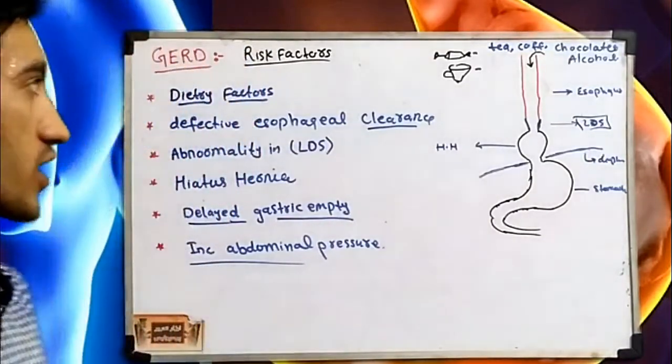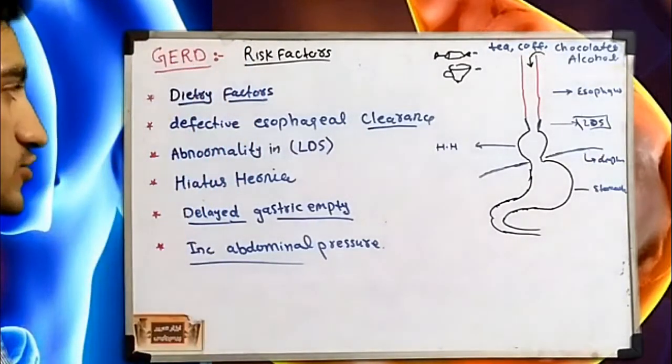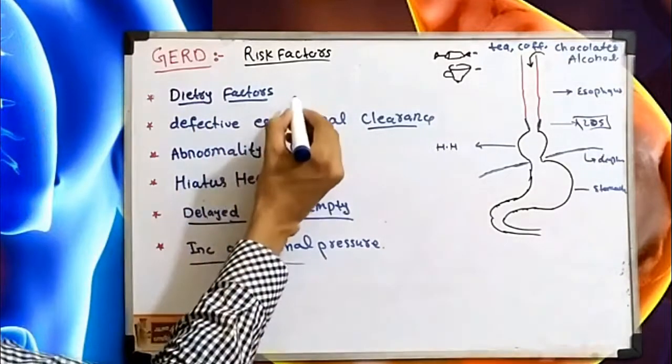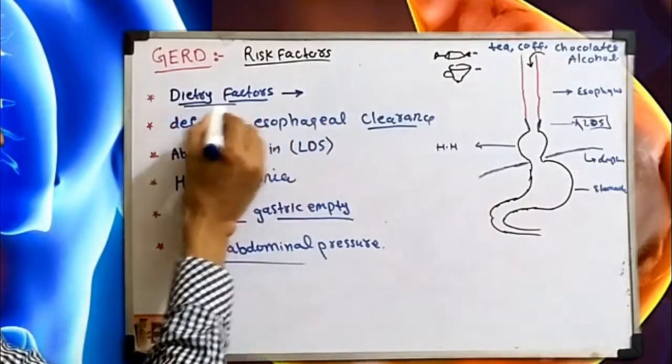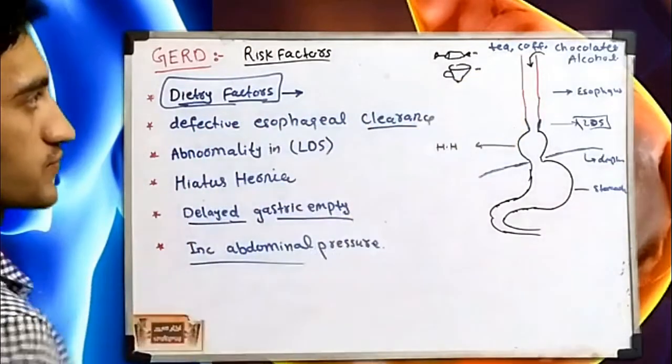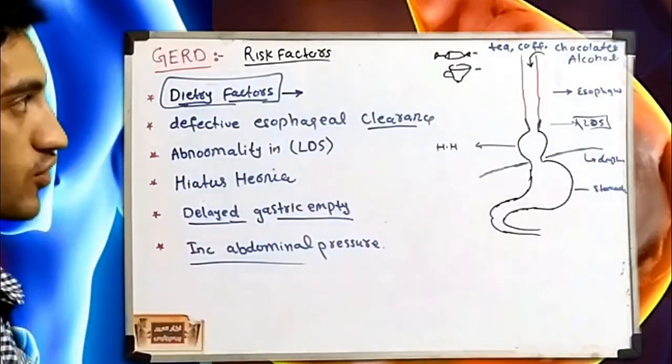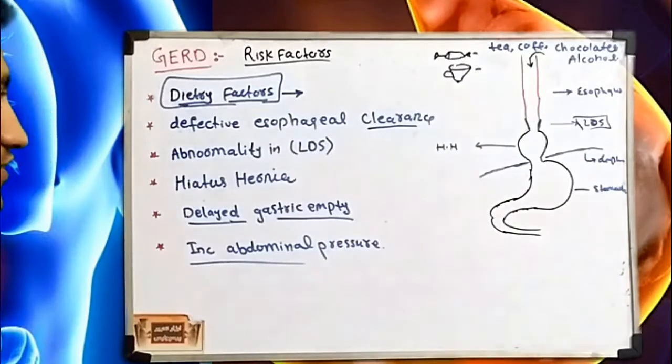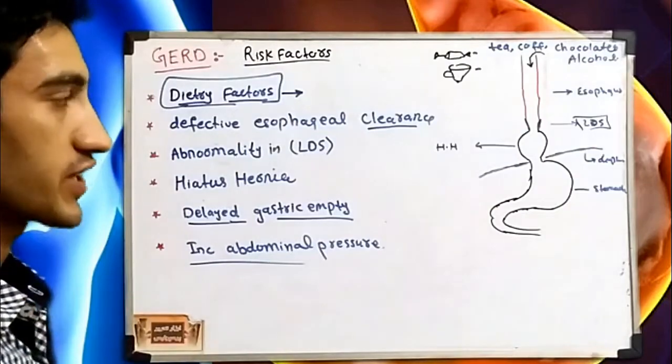So it will lead to the sign and symptom of gastroesophageal reflux disease. So one of the risk factors we talked about is the dietary factors, which include tea, coffee, chocolates, alcohol, etc. Another risk factor is defective esophageal clearance.